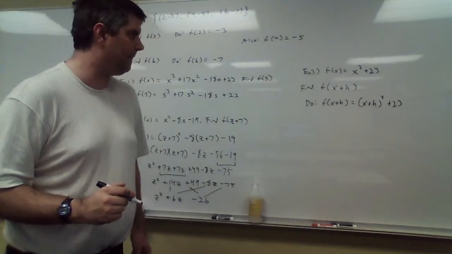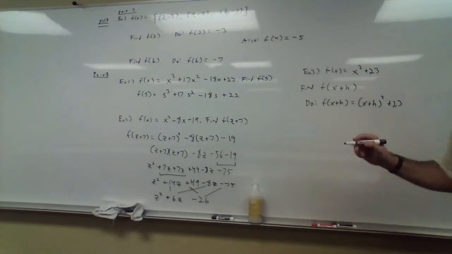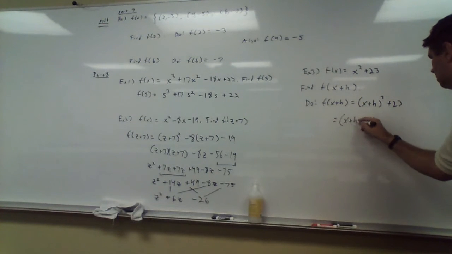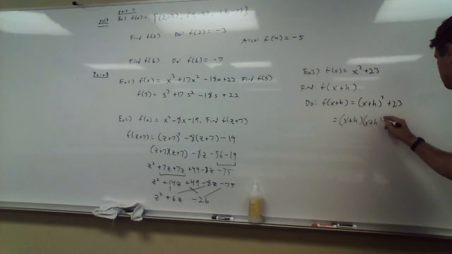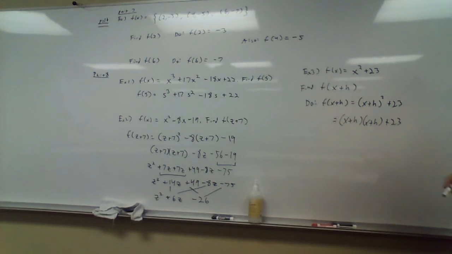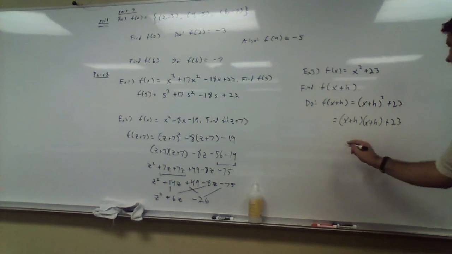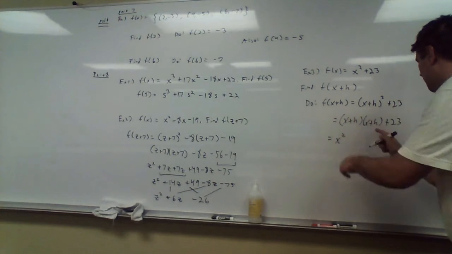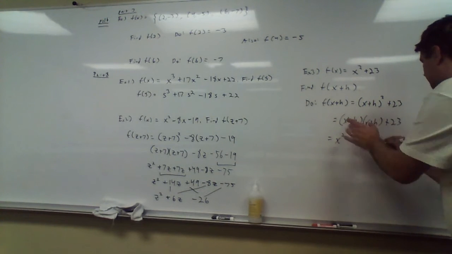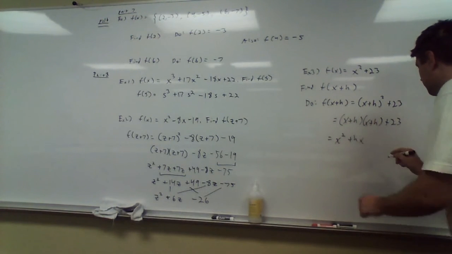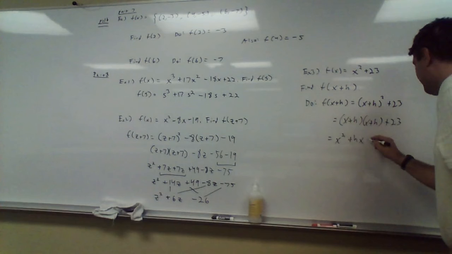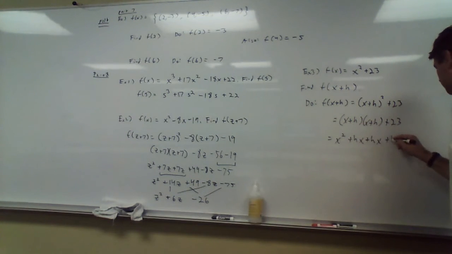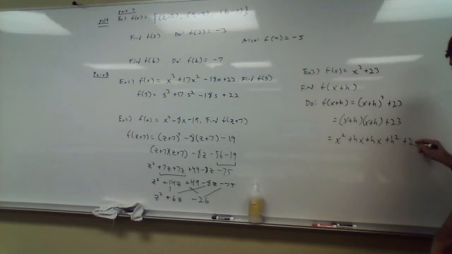Which gives me x plus h times x plus h plus 23. x squared plus hx, times another x times h, plus h squared plus 23.